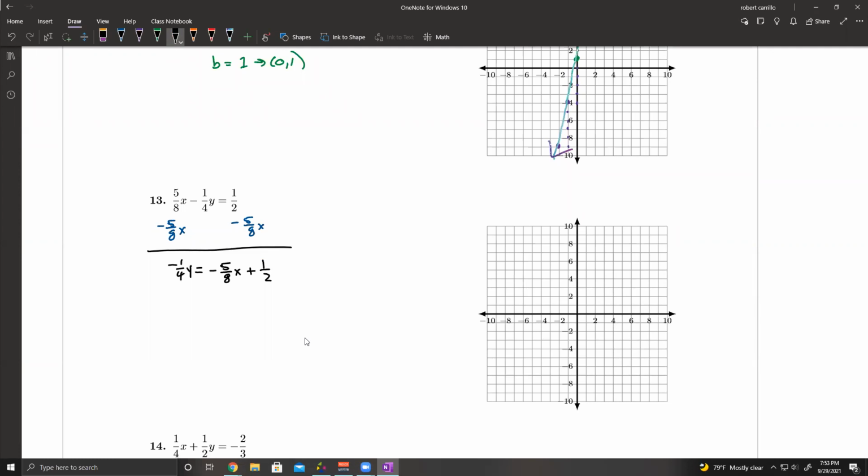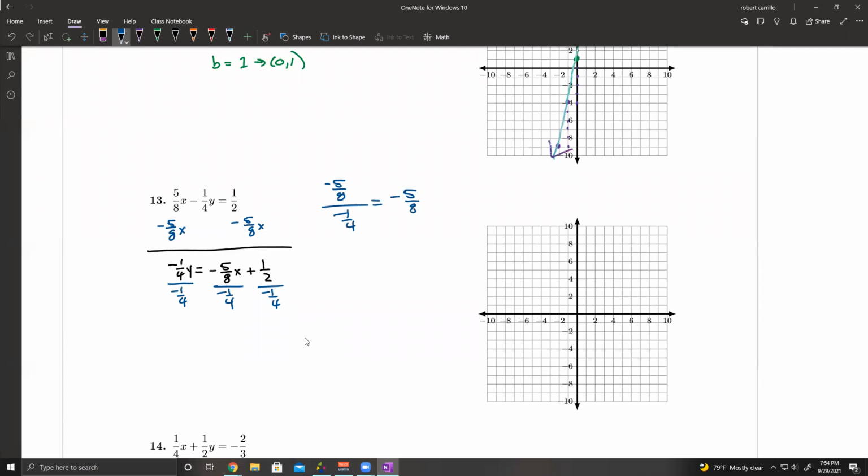And then divide everything by what? Negative 1/4. Okay, let's check out these fractions. So first one up is negative 5/8 over negative 1/4.